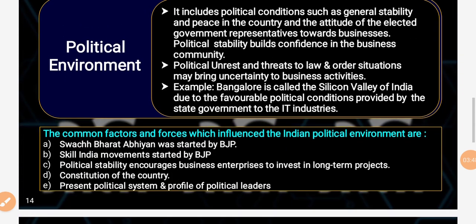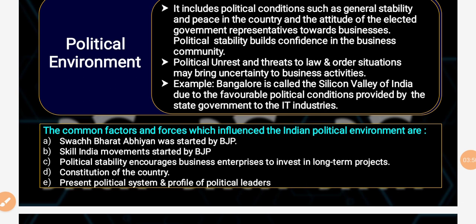Now next one is our political environment. Political environment is all related with the government, or we can say any announcement or any policy that is made by the present or current government. That is part of political environment. It basically includes the general stability and peace in the country.